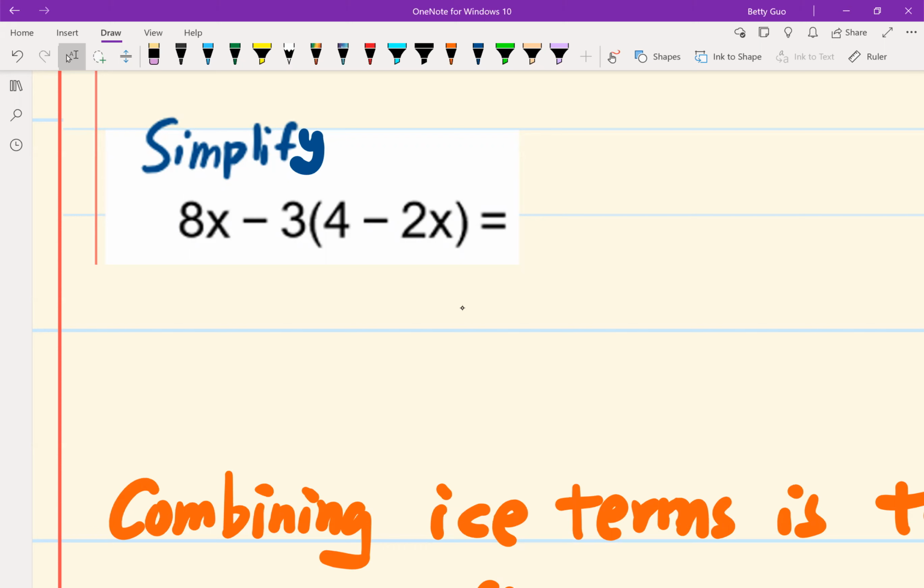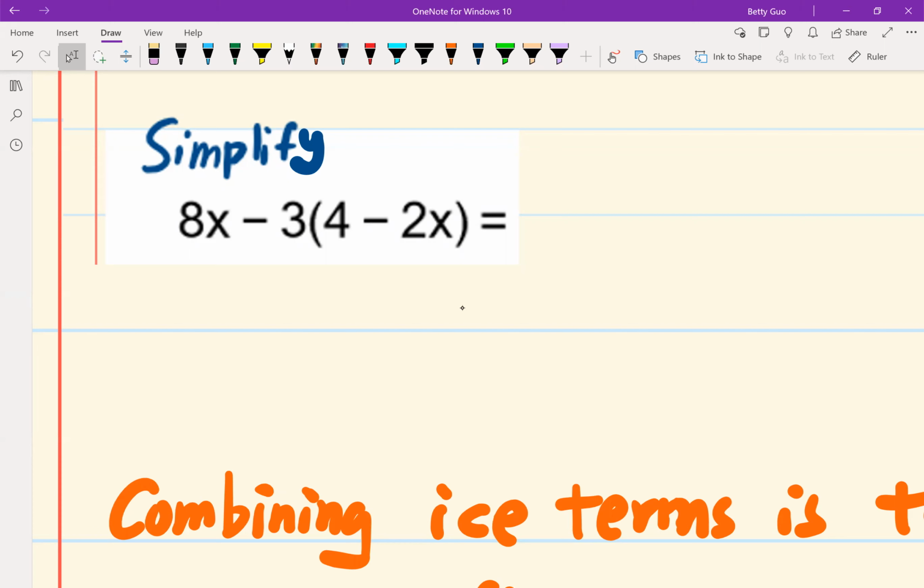So you're gonna bring down 8x. You don't change that part. And then you're gonna use -3 times 4. What is -3 times 4? -12, right? Yeah. And then you multiply -3 by -2x. What is -3 times -2x?